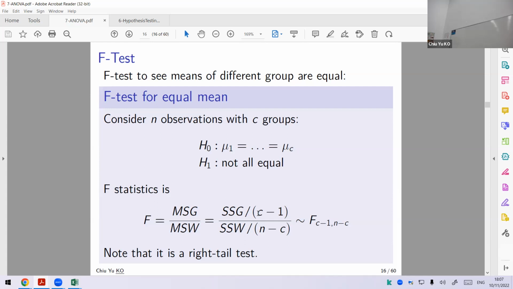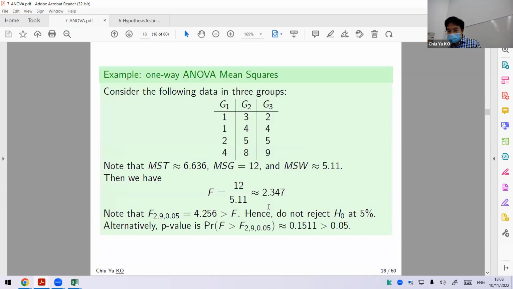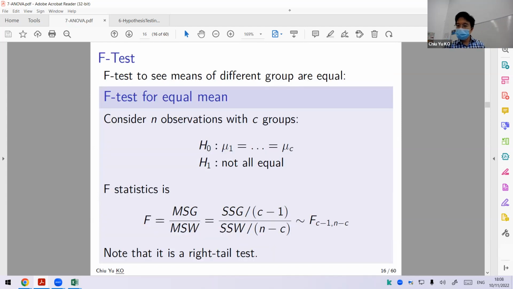MSG is measuring things between groups, looking at whether group 1 and group 2 have different variance or the same. And MSW is within each group, what's the variance? So the idea is, maybe I'll just put the graph here.